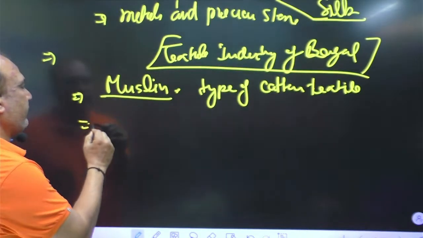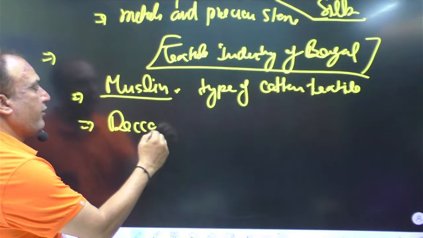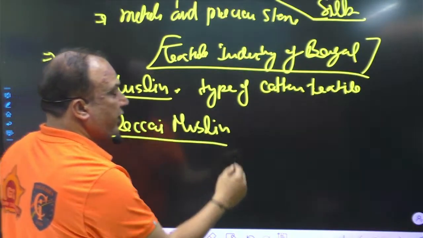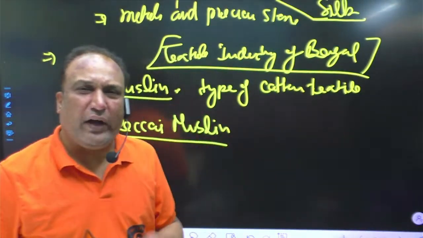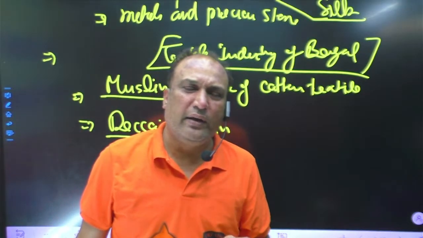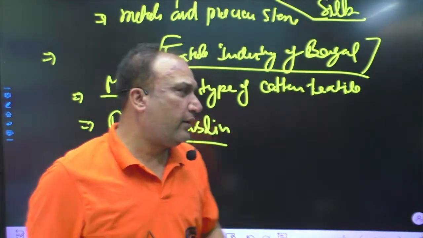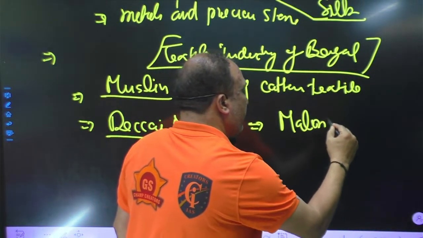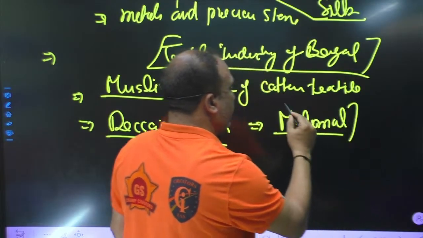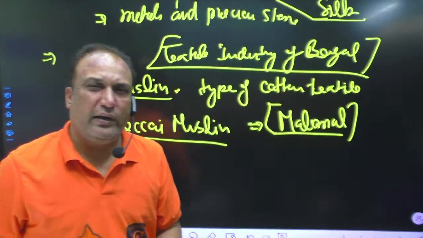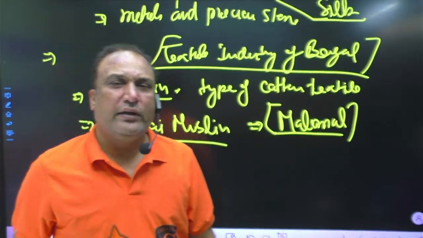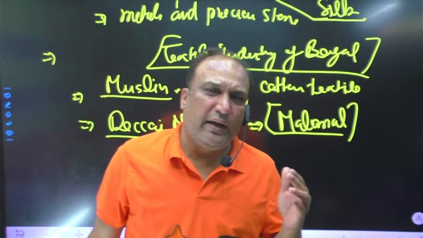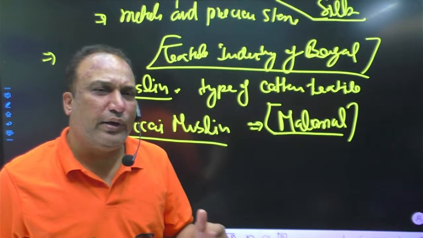Dhaka muslin is known by the name of Dhaka, right? The finest variety of muslin was called malmal. Malmal is a type of muslin or Deccan muslin. Sometimes foreign travelers also used to refer to it as Malmal Shahi or Malmal Khas.